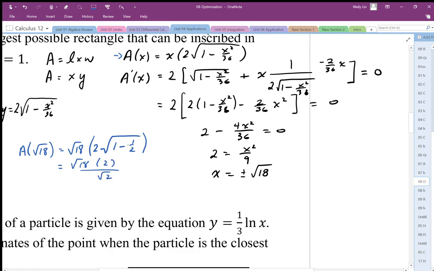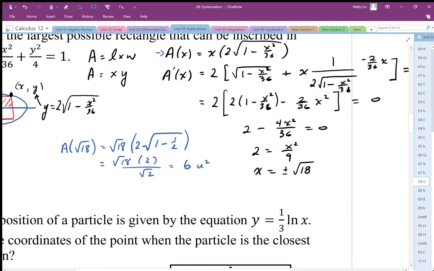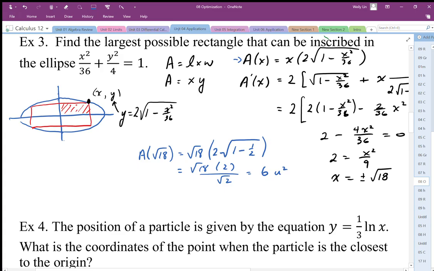Just double check that's right. And so I end up with 18 divided by 2, which is 9, square root of 9 is 3, so this works out to be a value of 6, and that's 6 units squared. And that represents the area in the one quadrant.